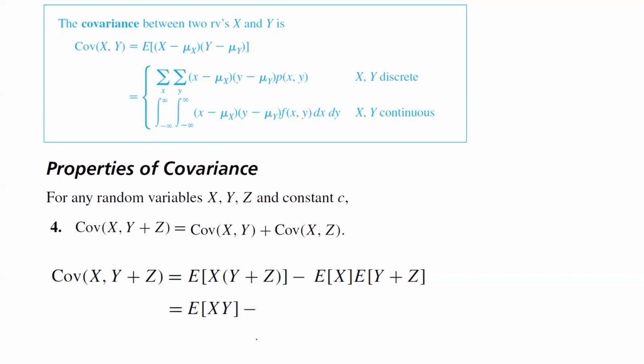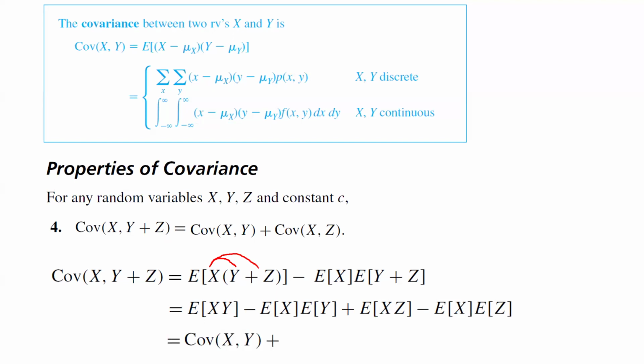In turn, if you distribute x into the parentheses and calculate the expected value, you get the expected value of xy minus the expected value of x times the expected value of y plus the expected value of x times z minus the expected value of x times the expected value of z. So basically, we get the covariance of x and y added to the covariance of x and z.